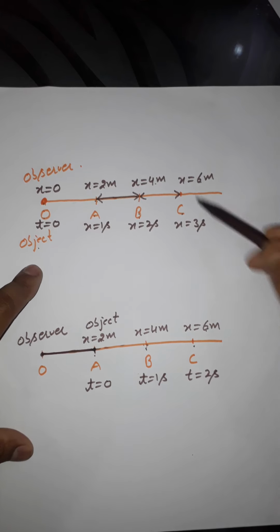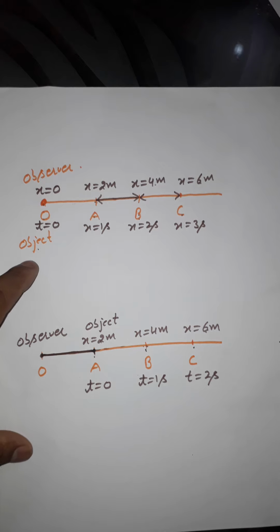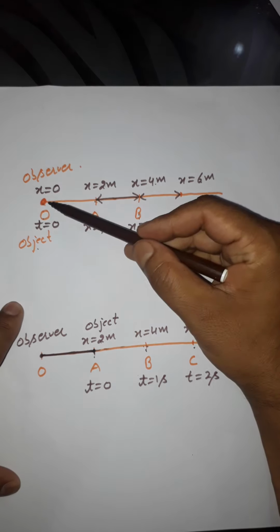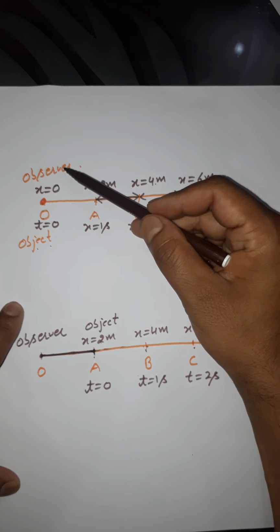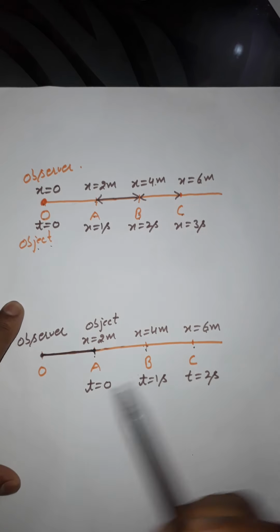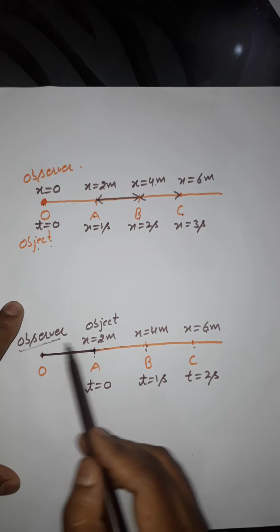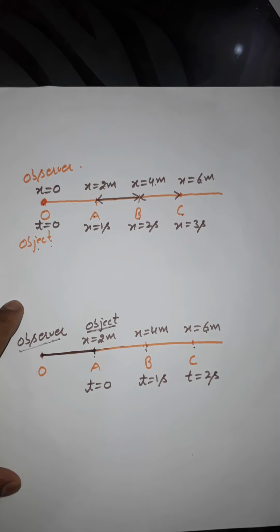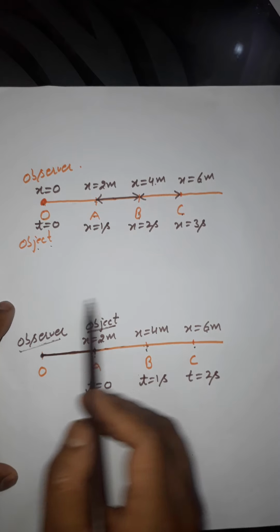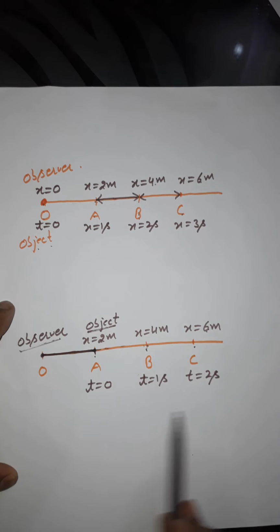So both these two are examples of uniform motion, but the basic difference is, in the first case the object and observer are at the same point, and in the second case the observer and object are at different points. And in most of the cases, the second case is the most valid case, right?